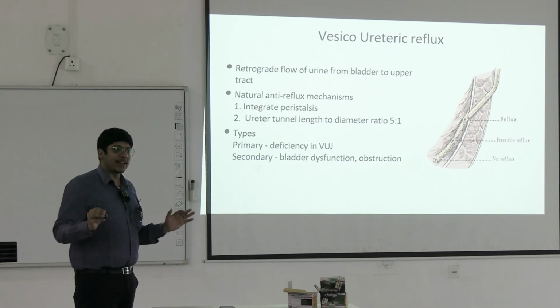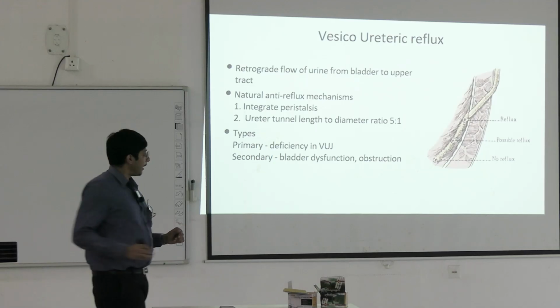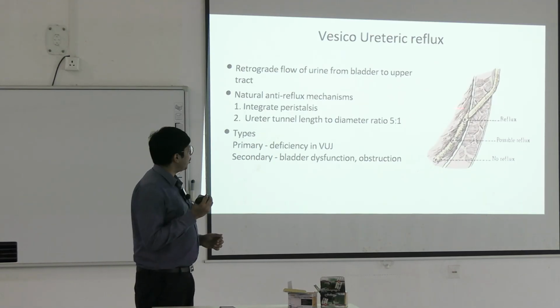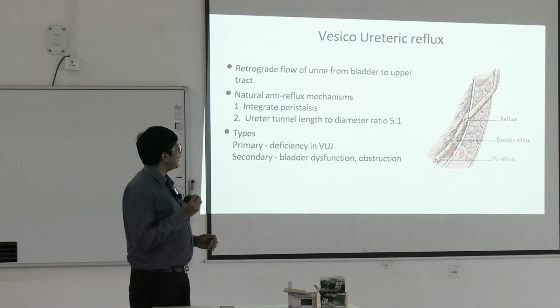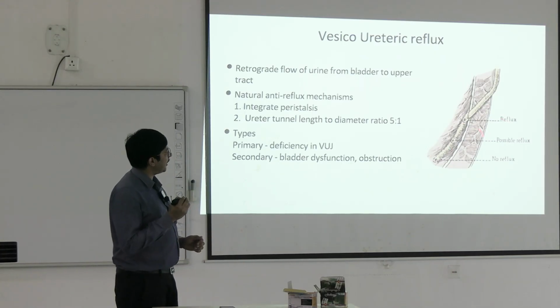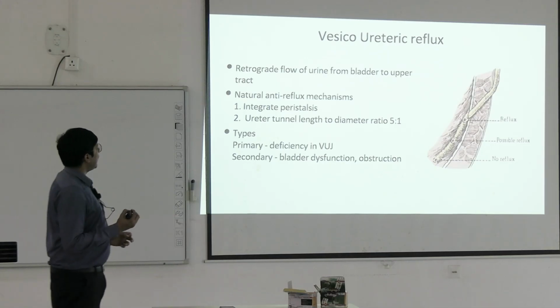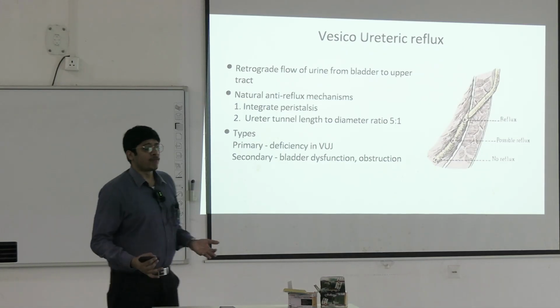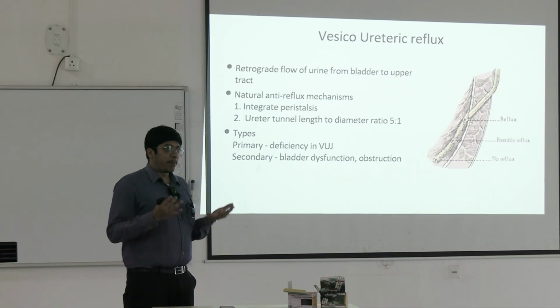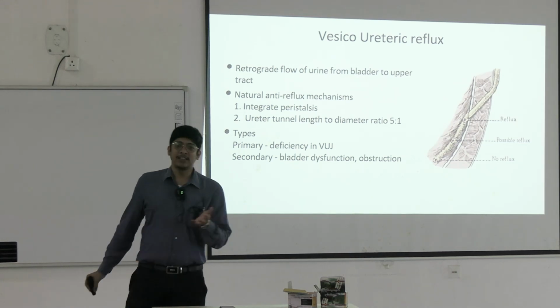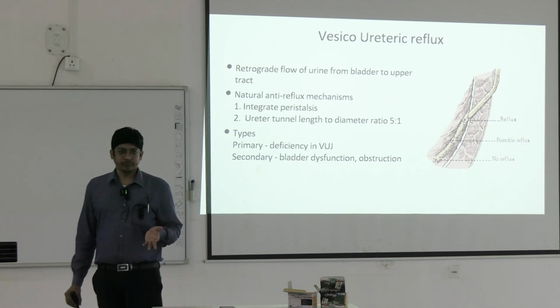So primary and secondary is similar everywhere. Similarly here also, a primary deficiency at the vesicoureteric junction, any problem in this particular anatomical structure, gives rise to a primary VUR, and other diseases which lead to problems of the natural anti-reflux mechanisms give rise to secondary VUR.